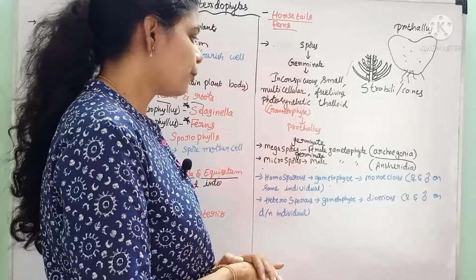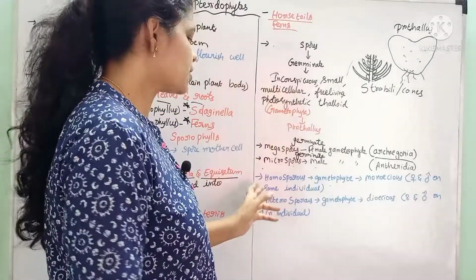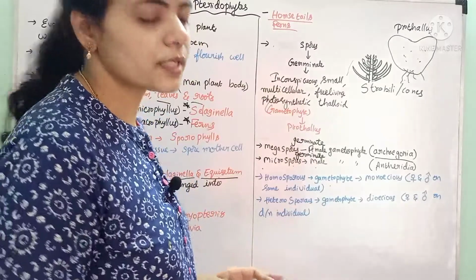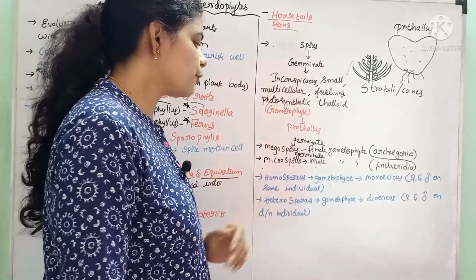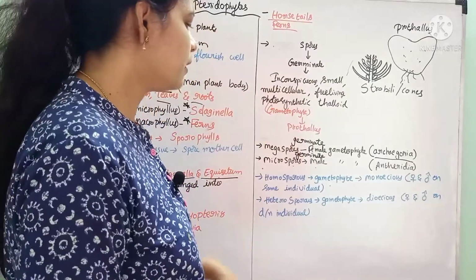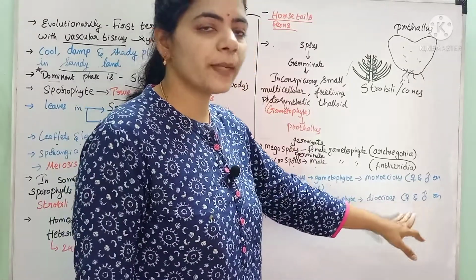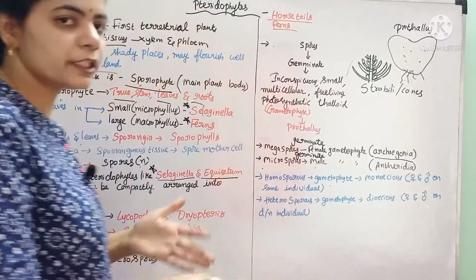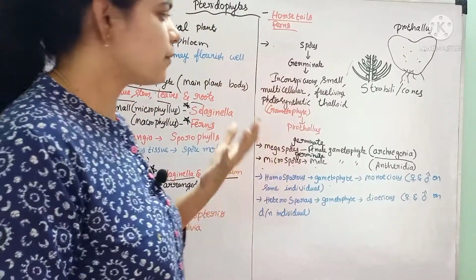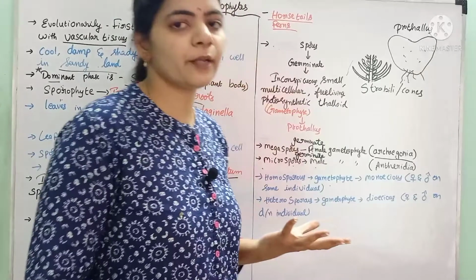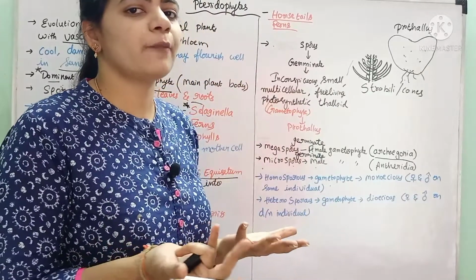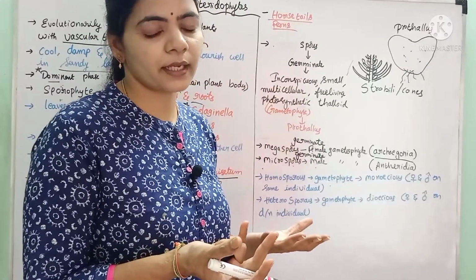That monoecious condition is seen in the homosporous plants. And in the heterosporous condition, what will happen? The gametophyte is in the dioecious condition. That means female and male organs are produced on different gametophytes. One gametophyte consists of male reproductive organs and another gametophyte consists of female reproductive organs.